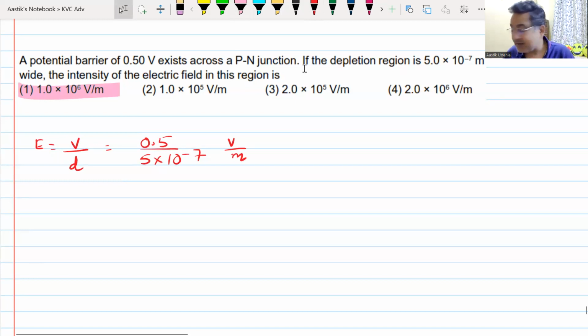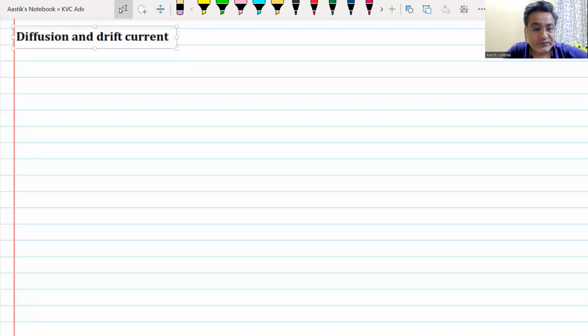We'll move on to the next heading, and the next heading is known as diffusion and drift current. What do you mean by diffusion and drift current? Diffusion current. Now remember that there is a difference in the concentration of holes and electrons on both sides.